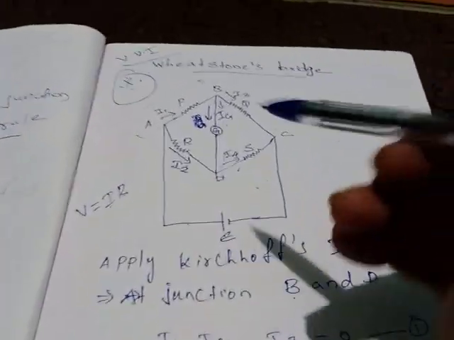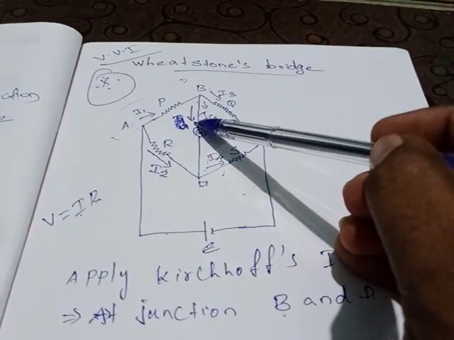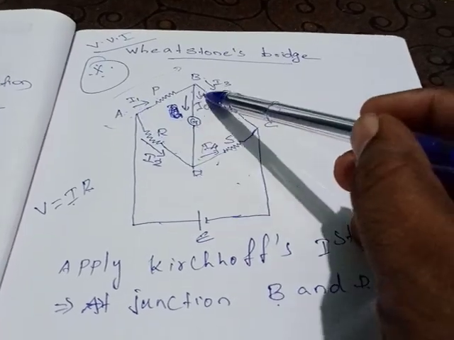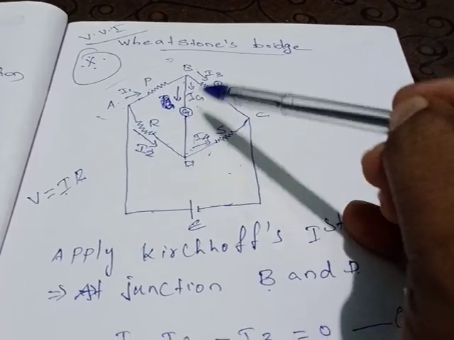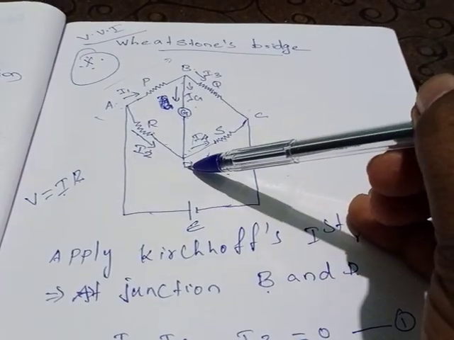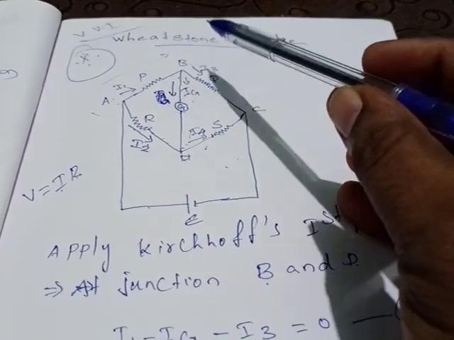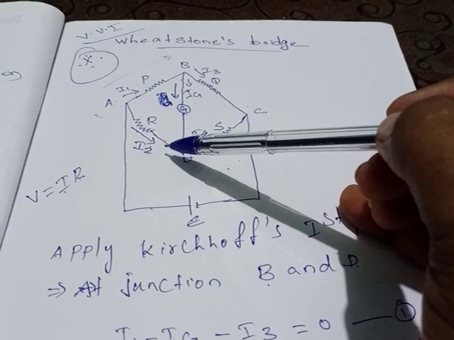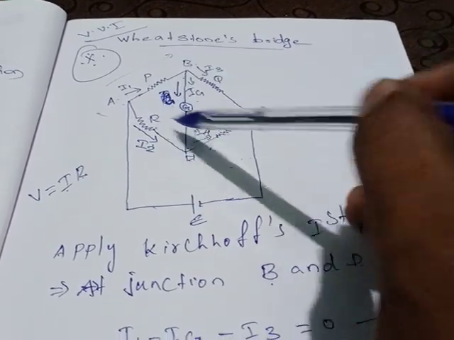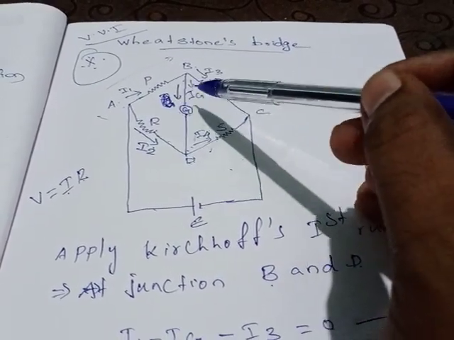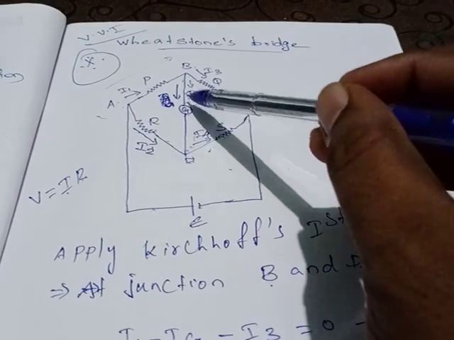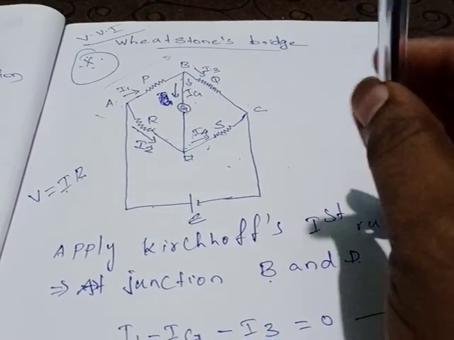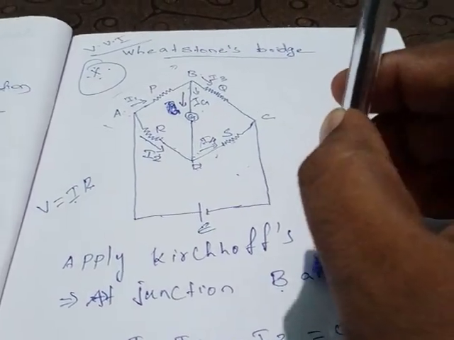Now you see that in this circuit, this B and D are at the same potential. Same potential means the voltage across B and D is the same. So what we can tell is this bridge is balanced. This bridge is balanced means you know the galvanometer deflection will be what? Null deflection.